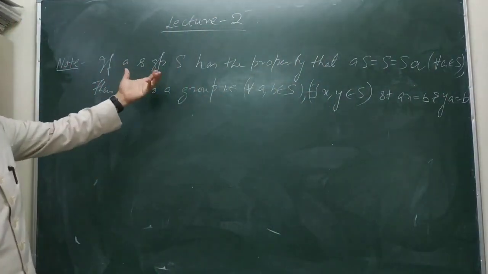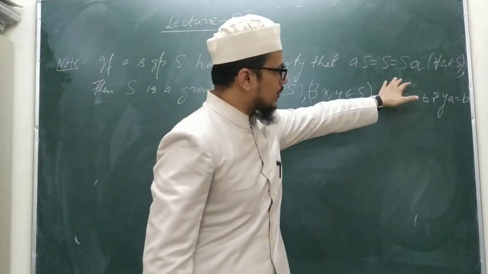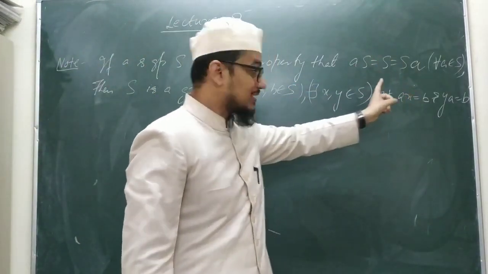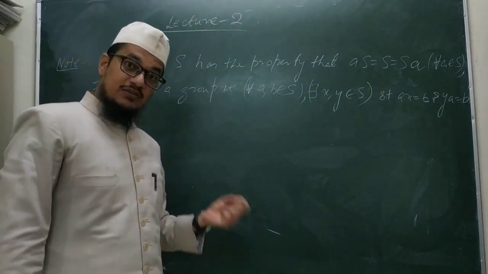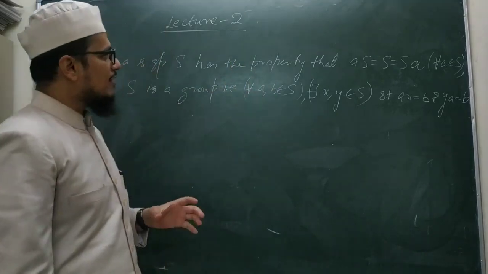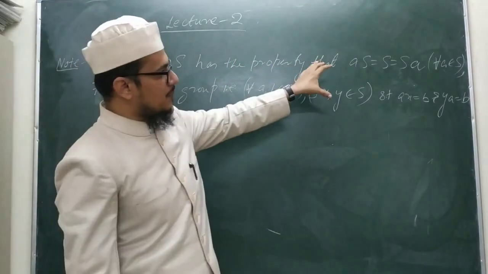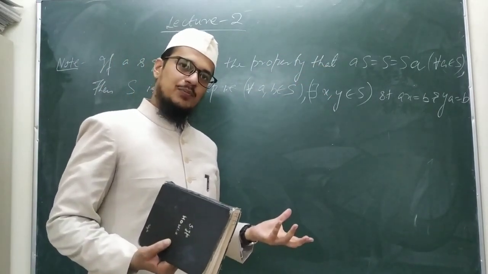So if a semigroup S has this extra property, that is AS is equal to S is equal to SA for every A belongs to S, then this semigroup forms a group. But this I left you as an assignment, that you have to prove how it becomes a group.